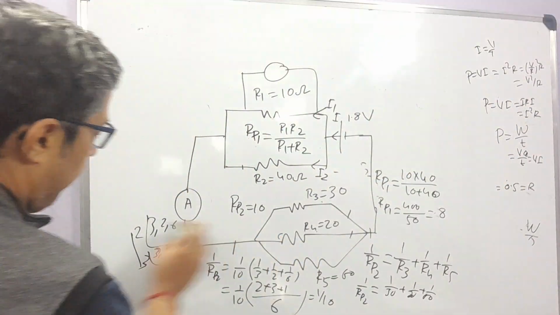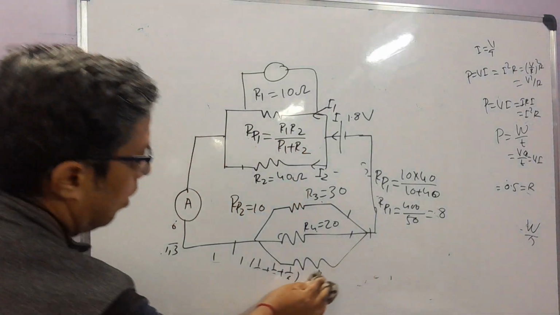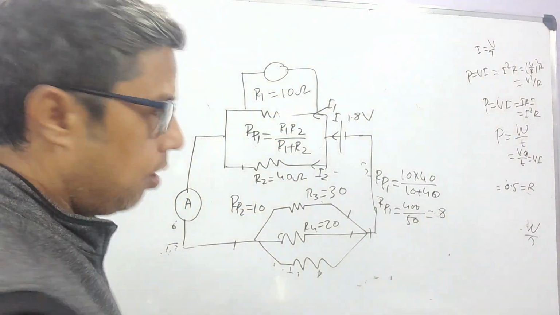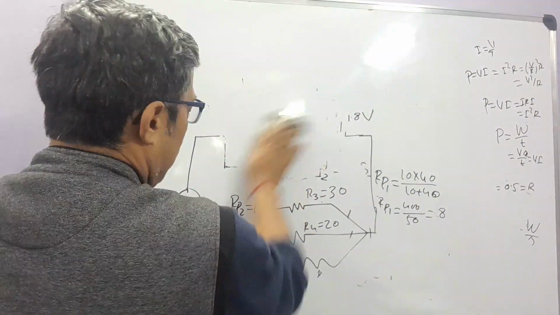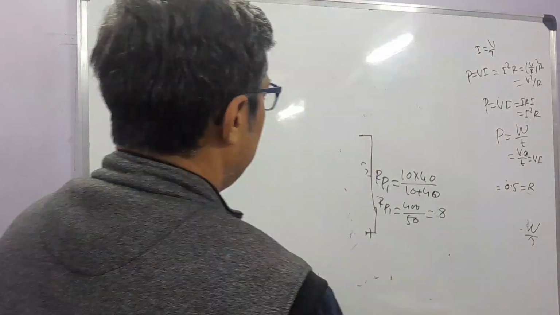For this part we have received the equivalent resistance of 10 ohm, and for this one we have received 8 ohm. Now, for your better understanding, let me change the circuit orientation.